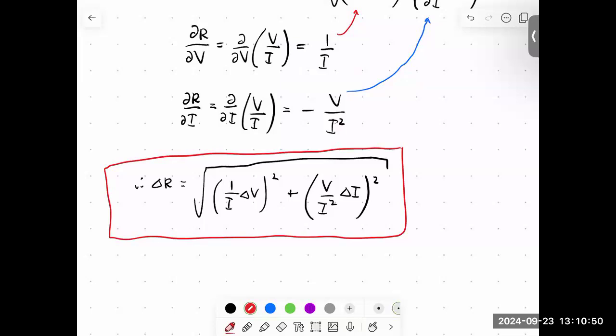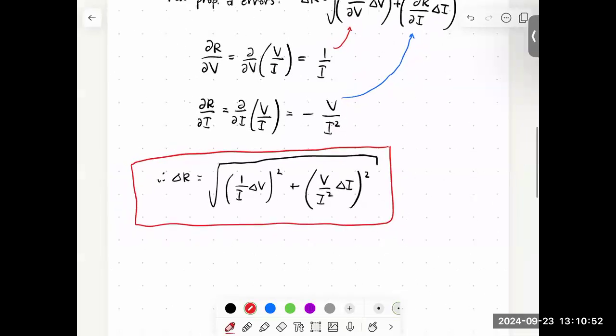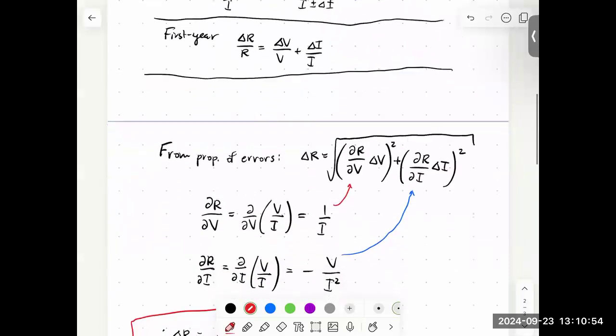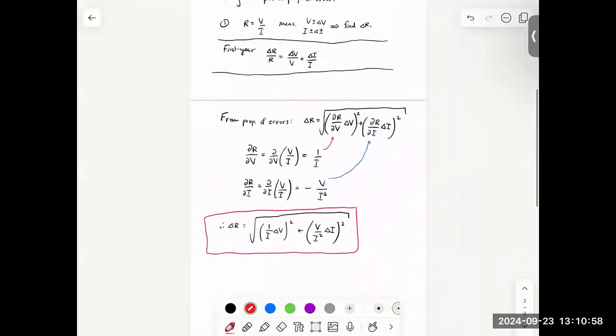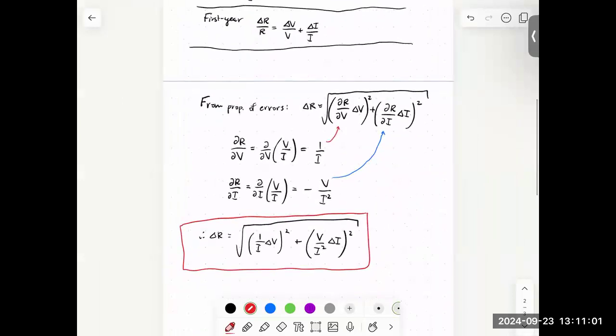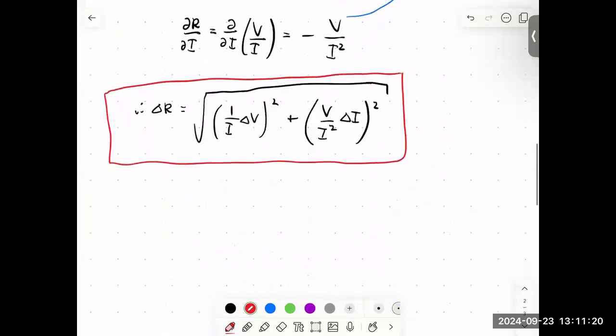Now, what I wanted to do is I wanted to compare this to the first year rule. And at the moment, it's not really clear that these are related in any way. But one thing I'll notice is that the first year rule calculated the fractional uncertainty in R. So let me calculate delta R over R using our new method here.